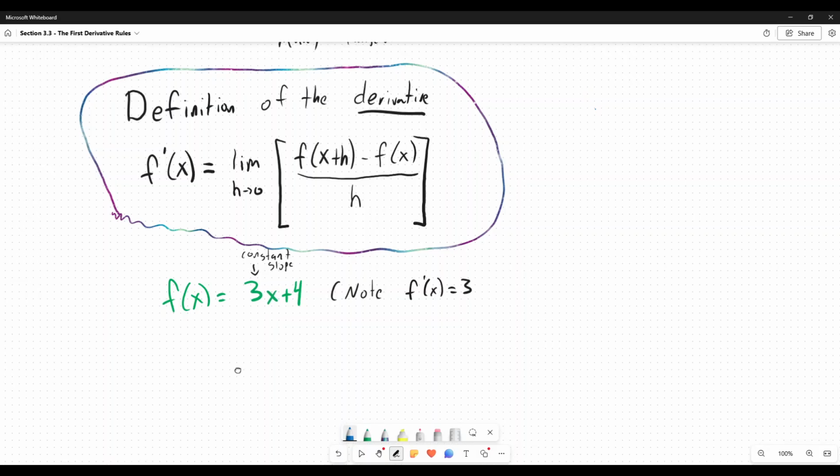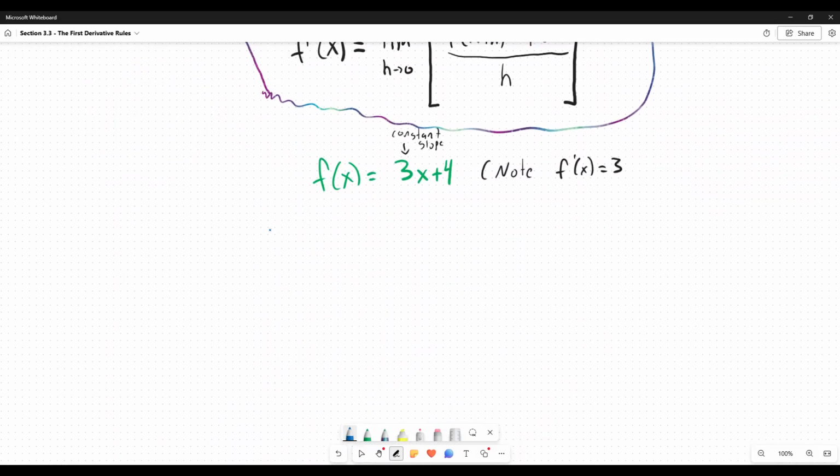So, there's f of x. Let's type in f prime of x. Reminder, this is the limit as h approaches 0 of f of x plus h minus f of x divided by h. I always like to write the definition first.